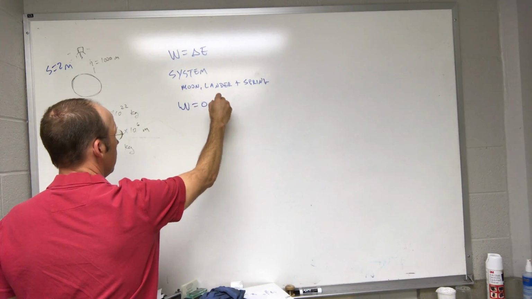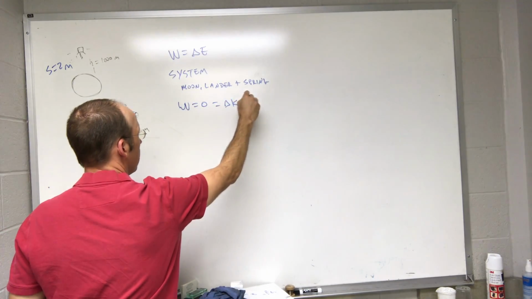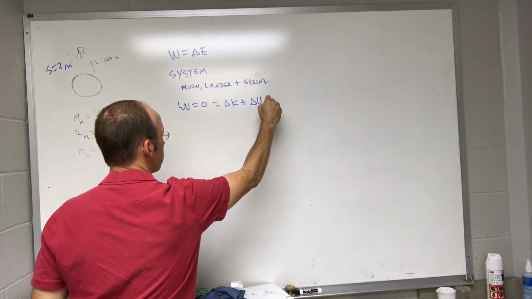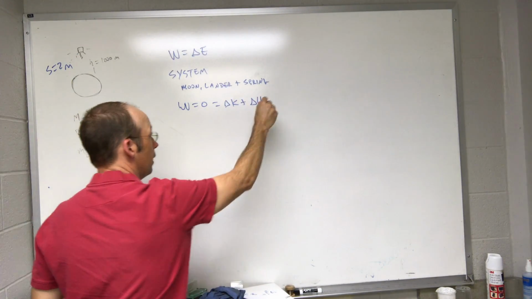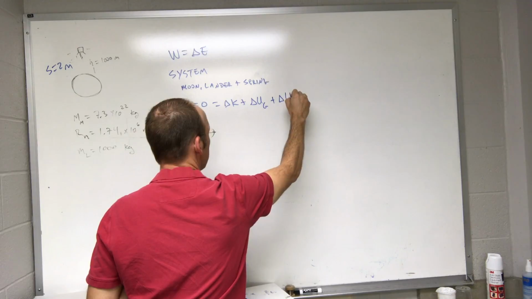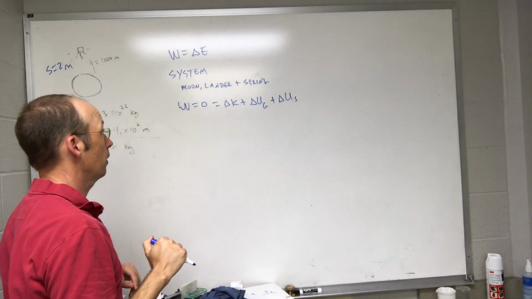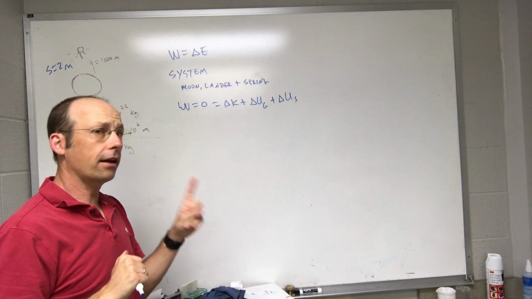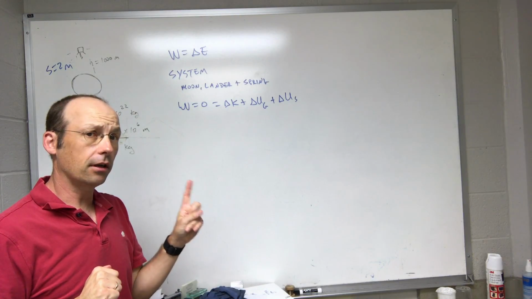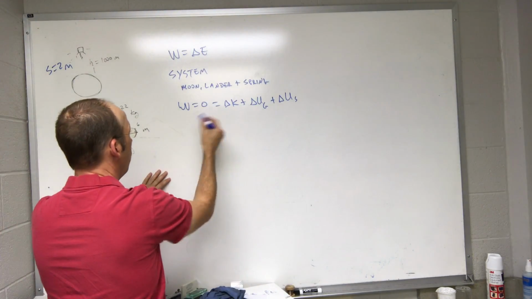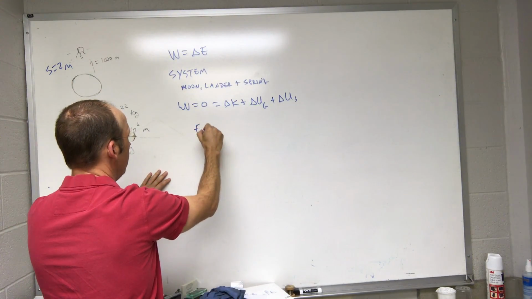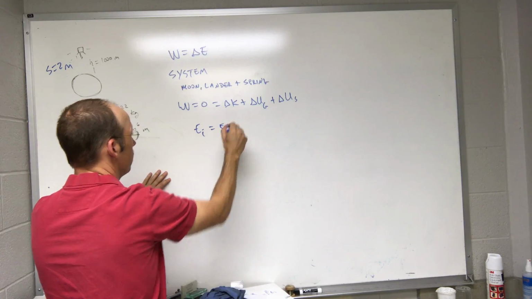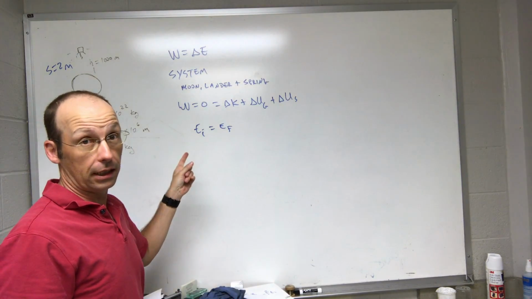Work equals 0. That's going to be the change in kinetic plus the change in gravitational potential energy plus the change in spring potential energy. I saw a lot of people in the assessment say, oh, well, I'll just skip all that and just say E initial equals E final. Okay, that would be true in this case.